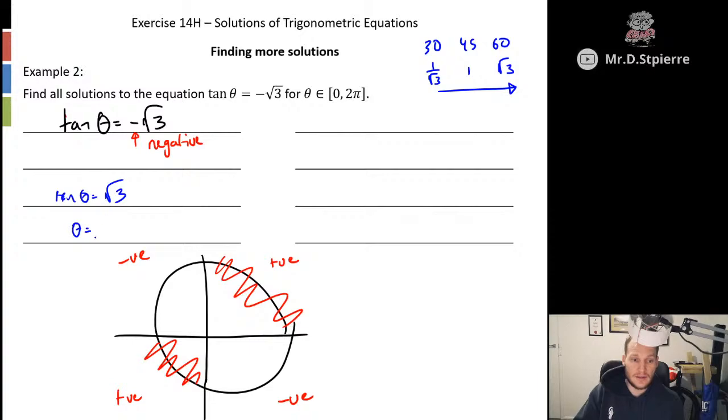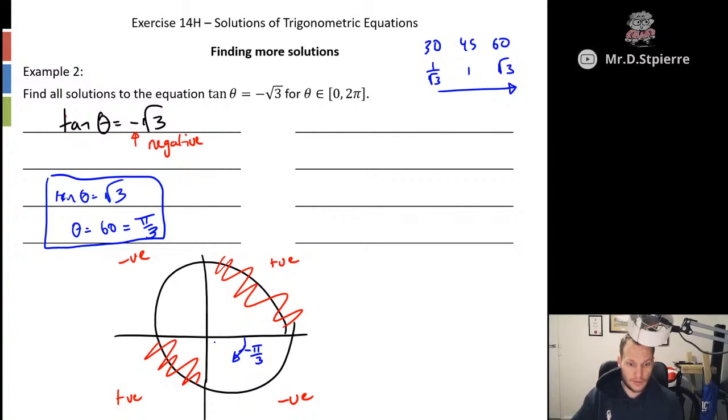So in this case, theta is 60 degrees, which is also equal to pi on 3 for our first quadrant. But we can't have the first quadrant because it's actually negative. So we could go around negative pi on 3, and that would give me the correct tan value. Theta is equal to negative pi on 3 for what we're used to seeing.